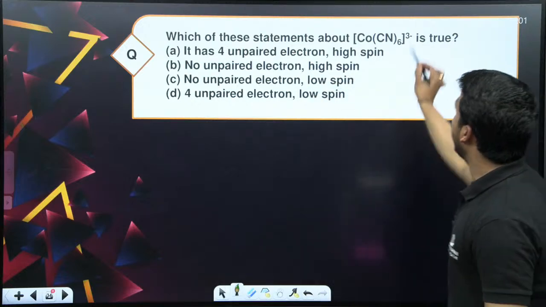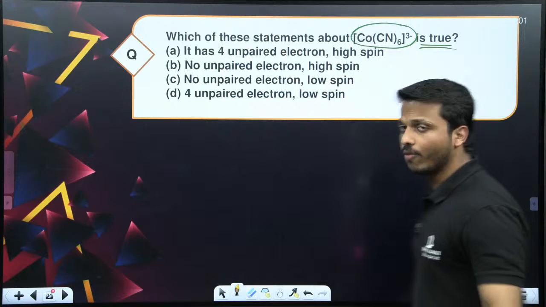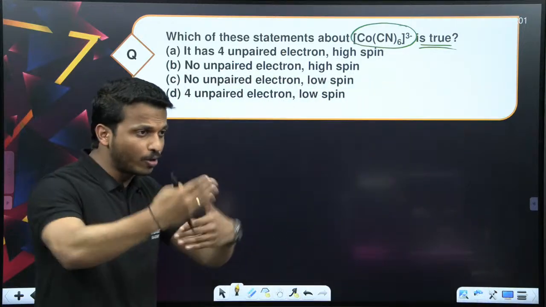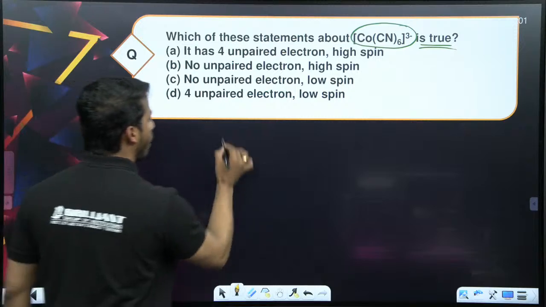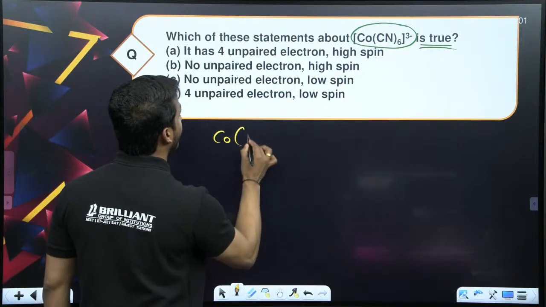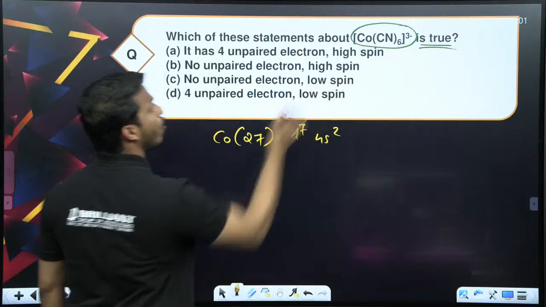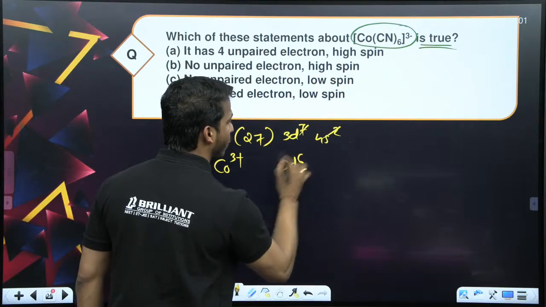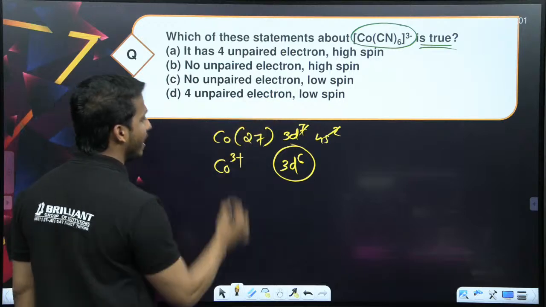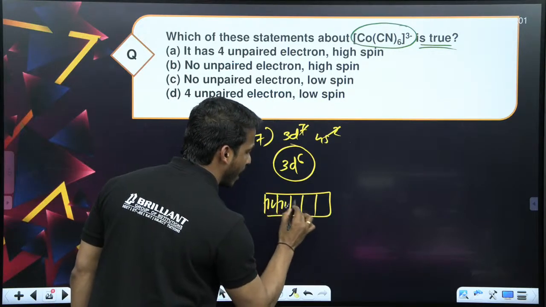Which of these statements about this is true? Come on, I'm doing it from my side, so you should be ready with the answer before I get to it. The compound is cobalt. Cobalt atomic number is 27, so 4s2 3d7. Cobalt charge here is 3 plus, so these 3 are gone, 3d6 left, and CN is a strong ligand, so strong ligand means the 6 electrons get paired.